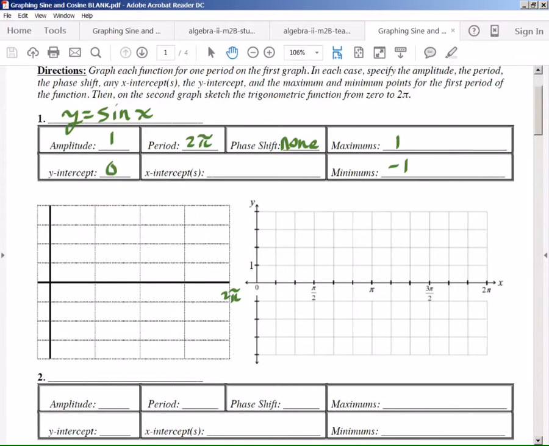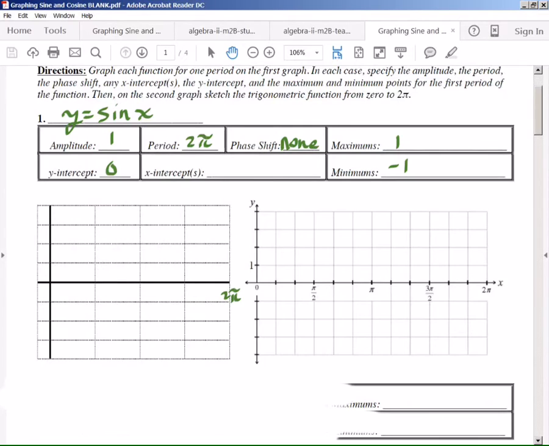So, in order to label these x values, we're going to take 2 pi and divide it by 4. Why do we divide it by 4? Because there's 1, 2, 3, 4 parts right here. What is 2 pi divided by 4?